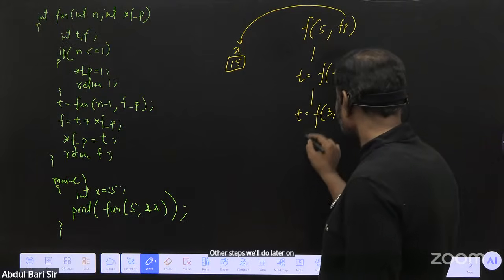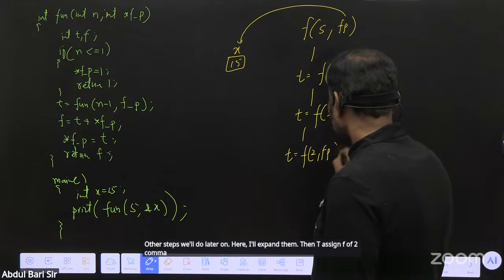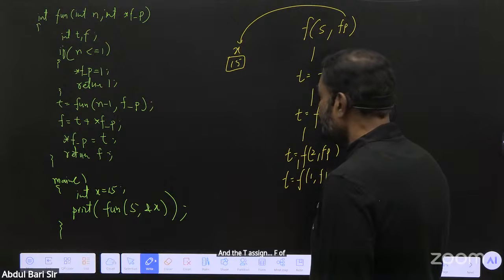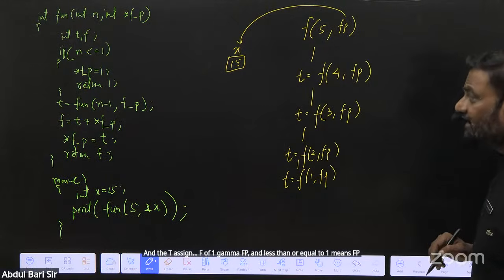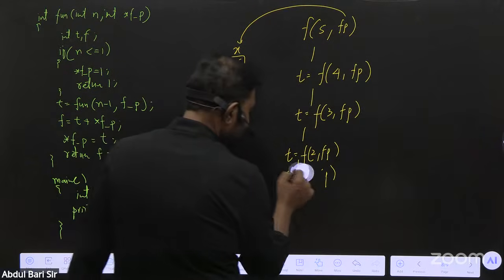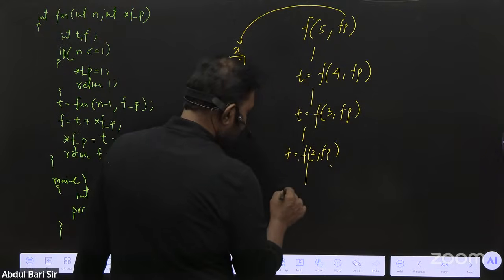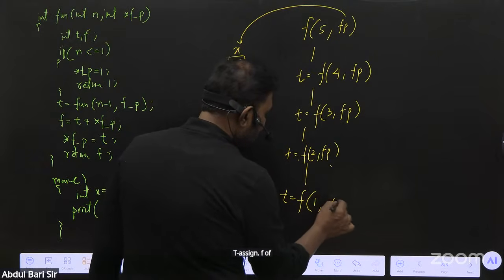Here I'll expand them. Then t assign f of 2 comma fp and t assign f of 1 comma fp, and less than or equal to 1 means fp assign 1 and return 1. t assign f of 1 comma fp.